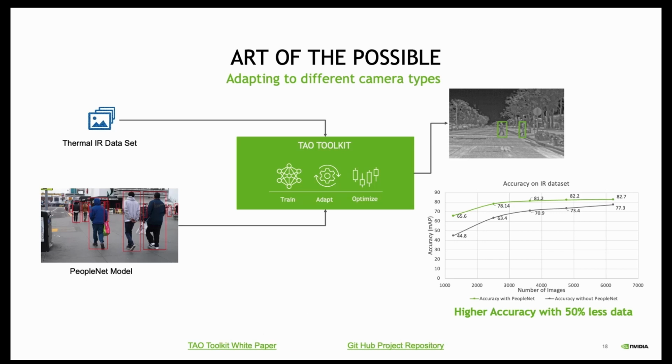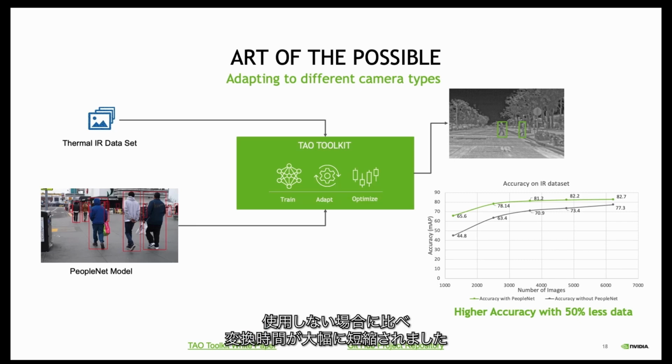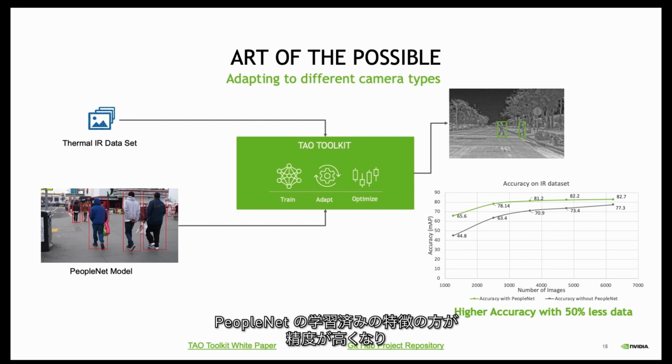We quickly found out that PeopleNet converged much quicker than if we were not using PeopleNet. With about 1200 images, we're able to get 66% accuracy on our test dataset versus less than 45% without PeopleNet. Even when we added more data, existing features that PeopleNet has learned provided a higher accuracy.